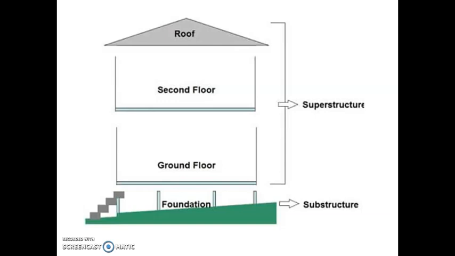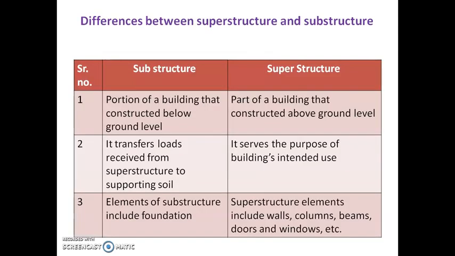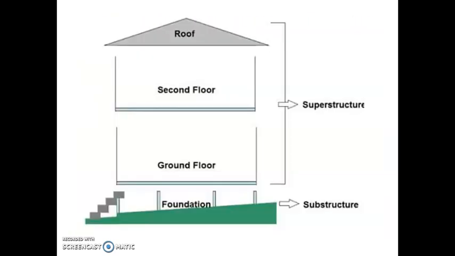Now we'll see important terminologies, important terms. Basically, floor. What is a floor? This is the surface on which we do most of our activities. Flooring is laid over the filling of the earth and on subsequent floors. So here the ground floor, second floor, these floors are mentioned.